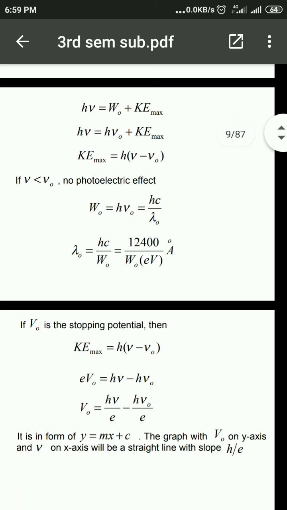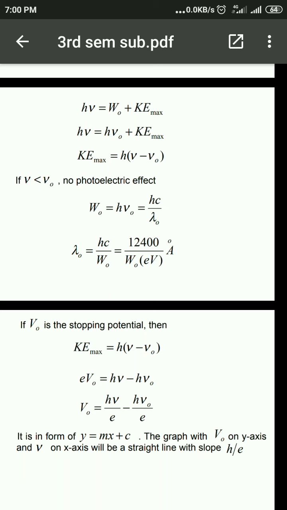And if you substitute, kinetic energy max is h into nu minus nu 0. If nu is less than nu 0, there will not be any kinetic energy. That means no photoelectric effect, no electrons are ejected. So we need a minimum frequency of the incident beam to eject the photoelectrons.